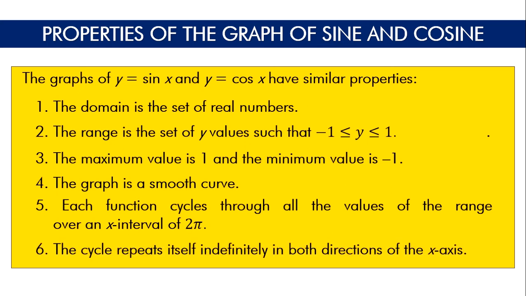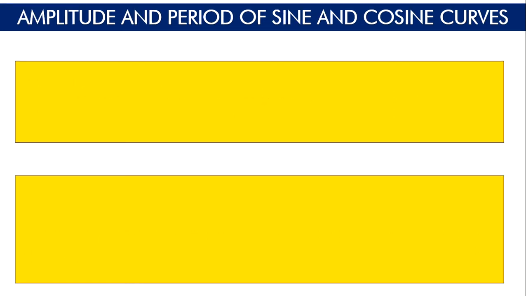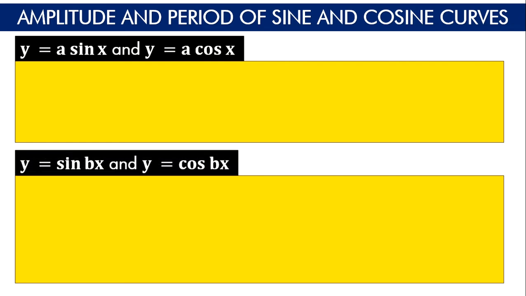Lastly, the cycle repeats itself indefinitely in both directions of the x-axis. So we have two concepts to remember for the sine and the cosine: the first is the amplitude, and the other is the period.